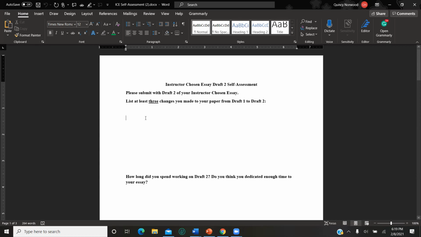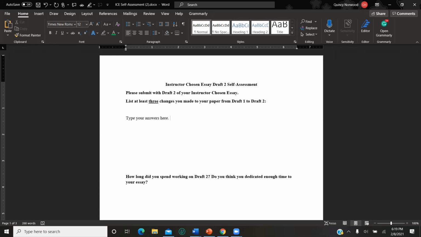You can type right on here, just don't bold. All right. So list at least 3 changes you made to your paper from draft 1 to draft 2. Don't say something like I've added page numbers, or just a cosmetic change.